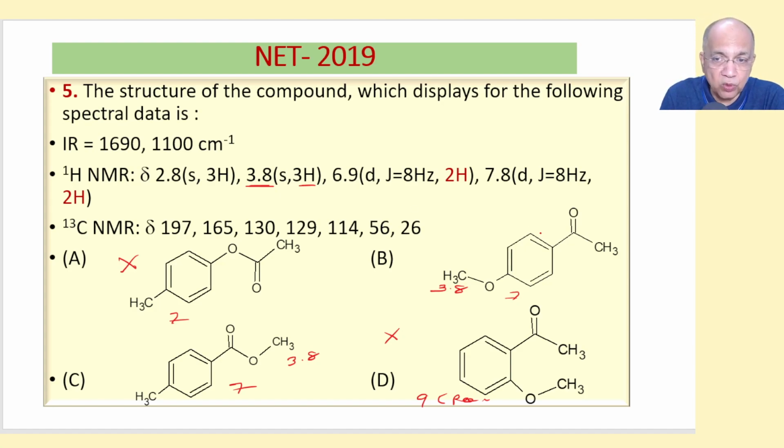Now, my suspicion was it is a ketone. Had it been a benzoic acid ester, it would not have come down below 1700. This is my suspicion. And now, if this is the case, then the methyl bonded to carbonyl will be 2.2, 2.3, and if it is aromatic, it will be more, and we can assign this 2.8 peak to this one, and this is 3.8. Now, if this is a methyl bonded to a benzene ring, it cannot cross 2.2.